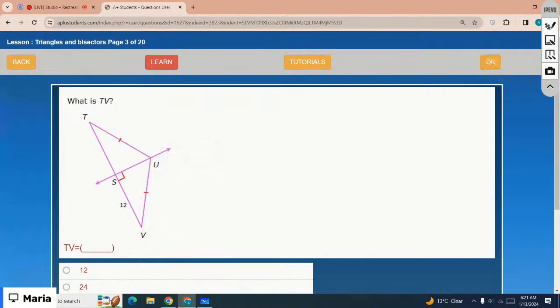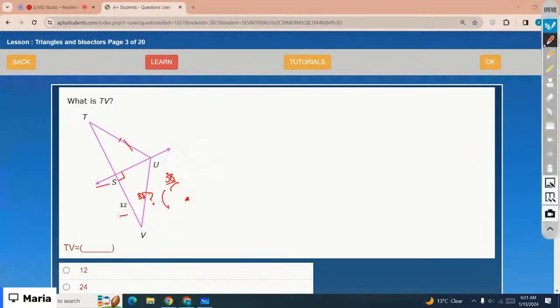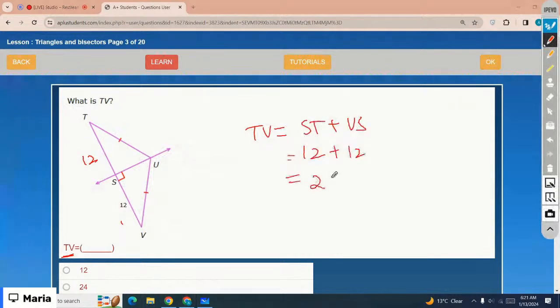So US divides the line TV into two equal parts. If SV is 12, ST is also 12. You need to calculate the side length of TV. So TV is the sum of ST plus VS. ST is 12 and VS is 12. That means TV equals 24. The correct option is 24. Got it?